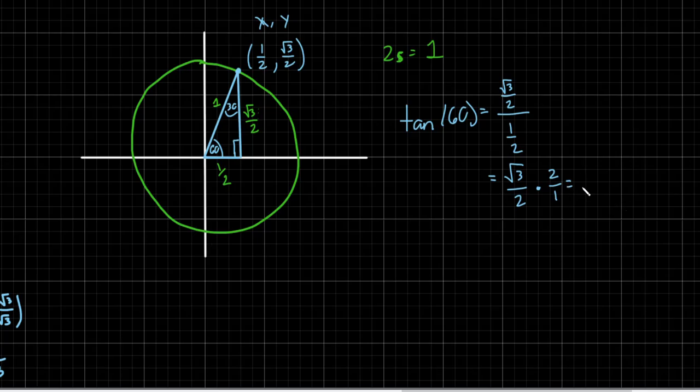What is this simplified to? We can't multiply it inside to the radical. What happens to these 2's?